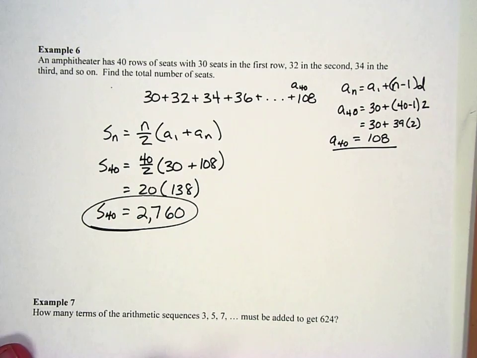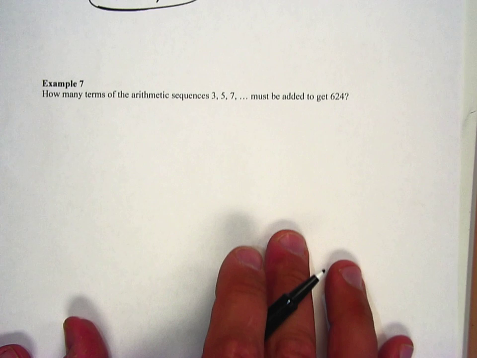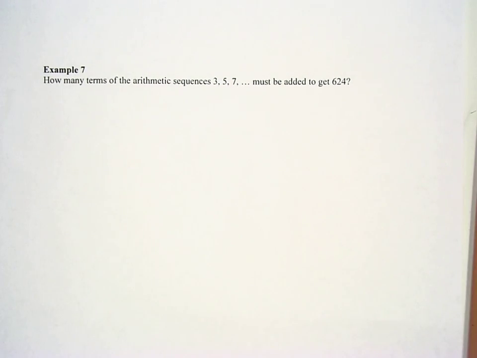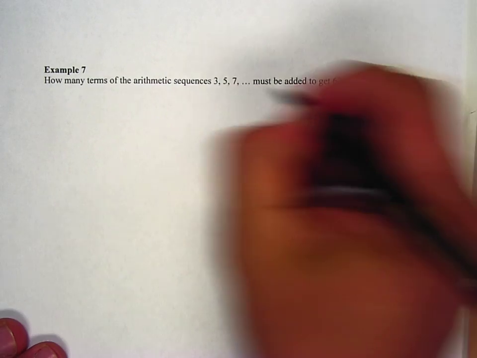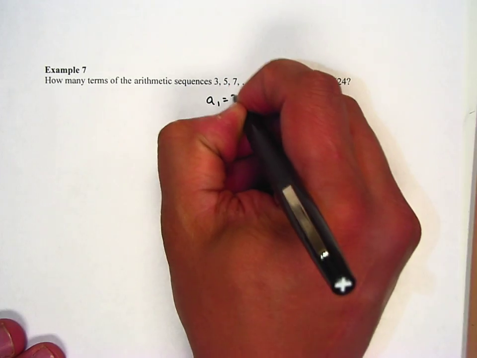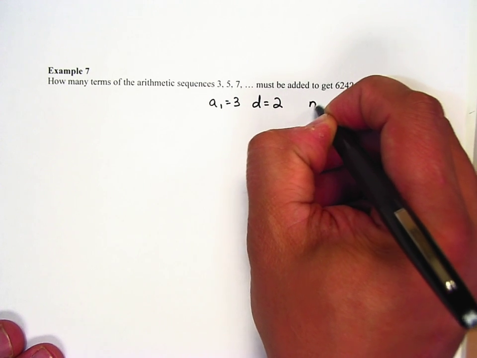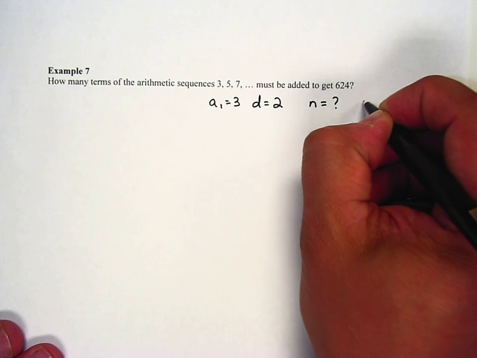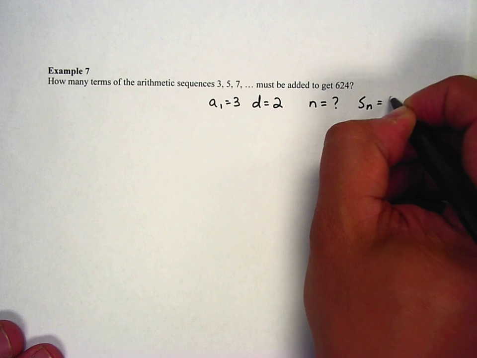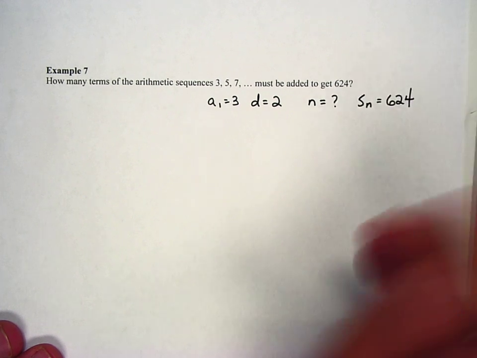Okay? Pretty cool problem. And then the last one is how many terms of the arithmetic sequence 3, 5, 7 must be added to get 624. So we know our first term is 3, we know our common difference is 2, and we need to find n, but we know s sub n is 624.